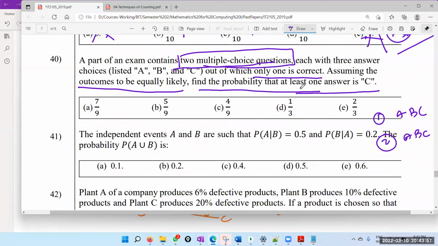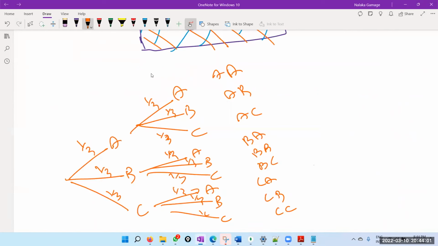Find the probability that at least one answer is C. At least one answer is C means this, and this. So this is 1/3 into 1/3 is 1/9. So they are also 1/9. 1/9, 1/9, 1/9, 1/9. Okay.